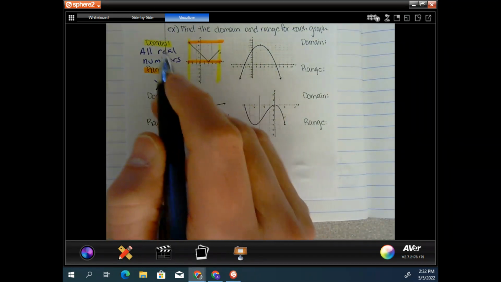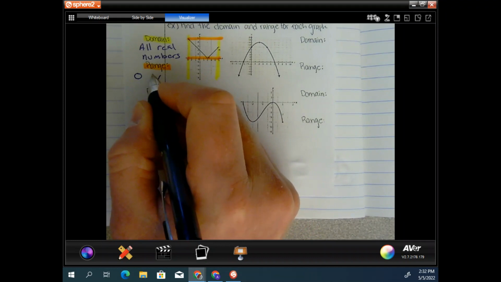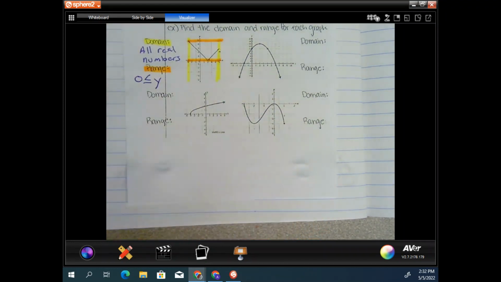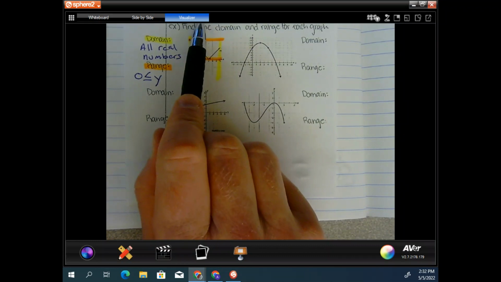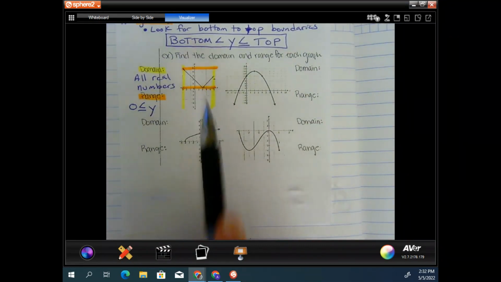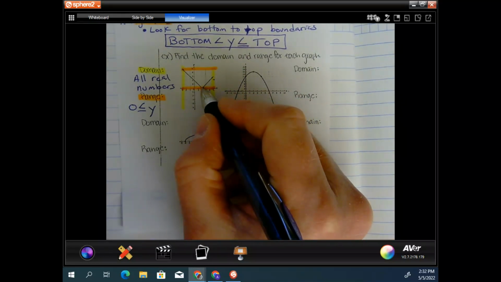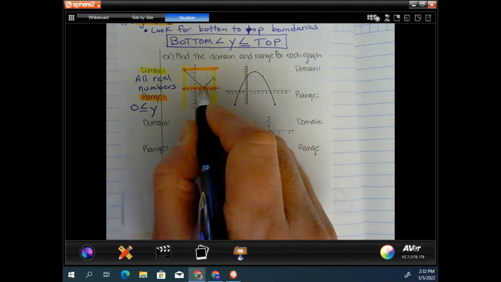So my floor is 0. It does have a line that goes to that point, so we're going to also include that, meaning it's also equal to. So 0 is my floor, the bottom, just like we have up here in our notes. Why is it equal to? It's also equal to because this line touches exactly on that point. It wouldn't be equal to if it had an open circle at that point.